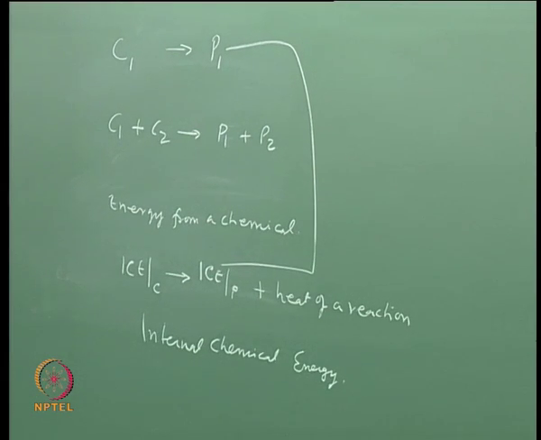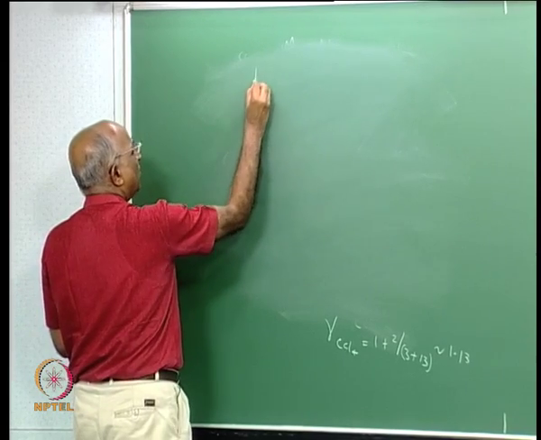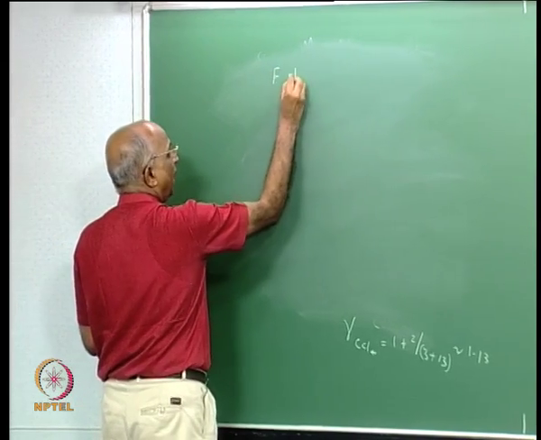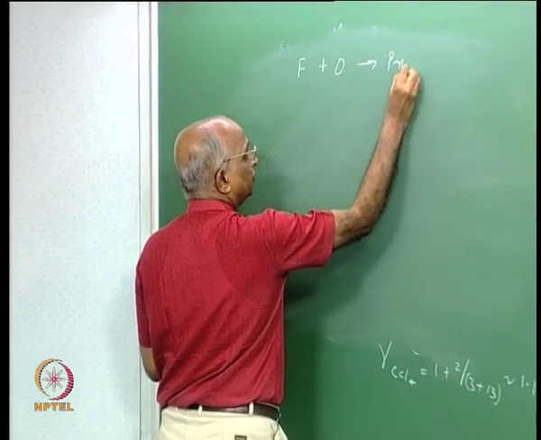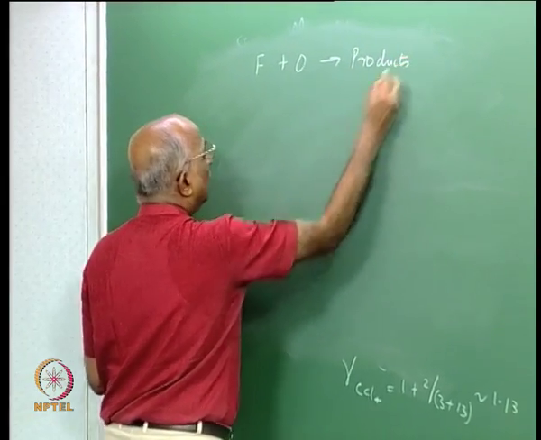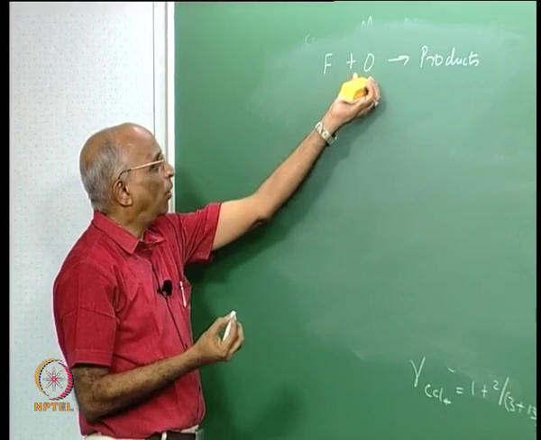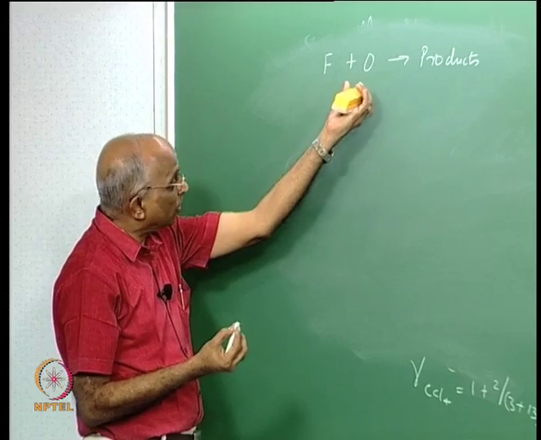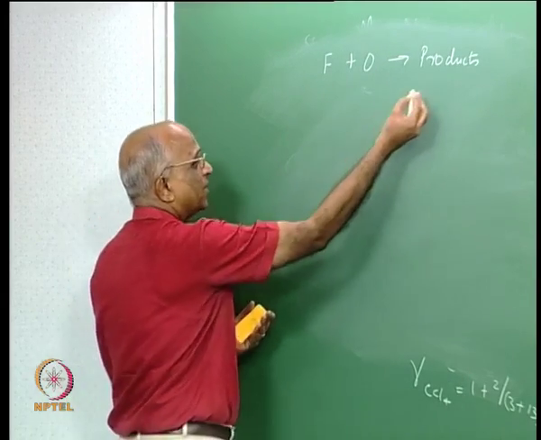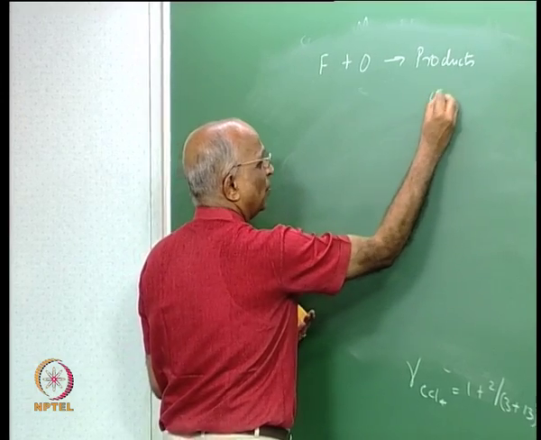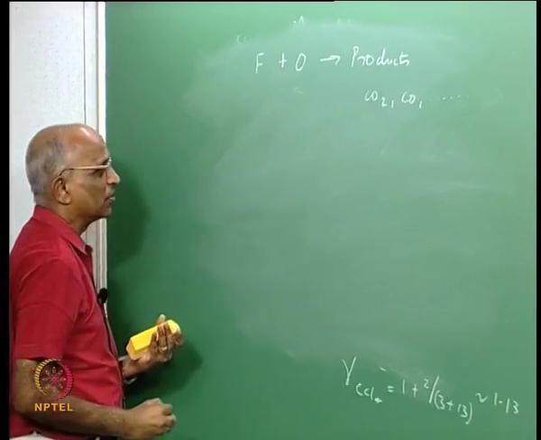Let us say, now I slightly expand myself, I have a fuel F and an oxygen O, and this gives me products. The fuel could be any fuel, maybe I take wood as a fuel, oxygen from the air as oxidizer, and I get products like CO2, maybe CO, and some more of these substances.